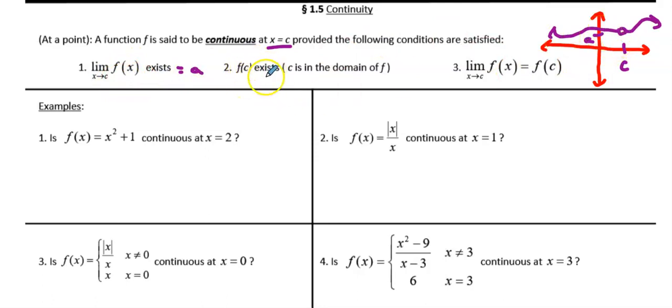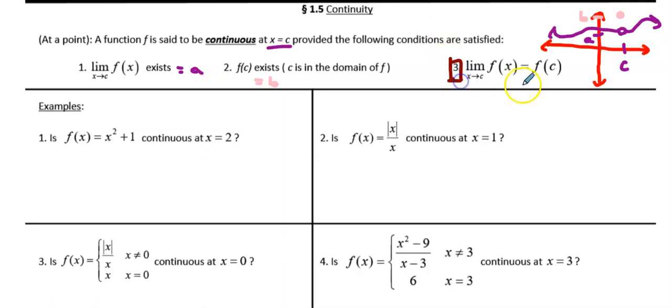f of c has to also exist. So what that means is that I have a value that's right here. So I could have a point right here and f of c exists. And so let's call this b. So in this particular example, f of c would now be equal to b. However, if you now look at this one, this is the most important one.